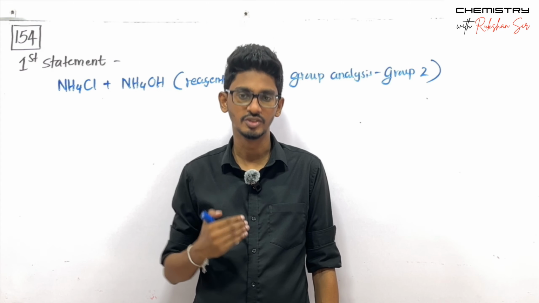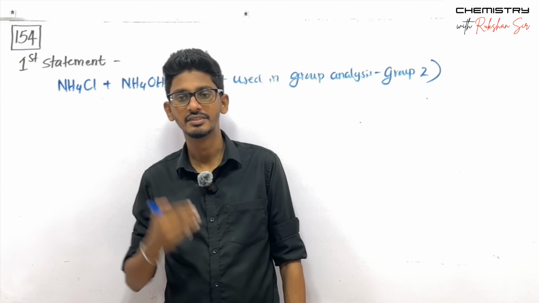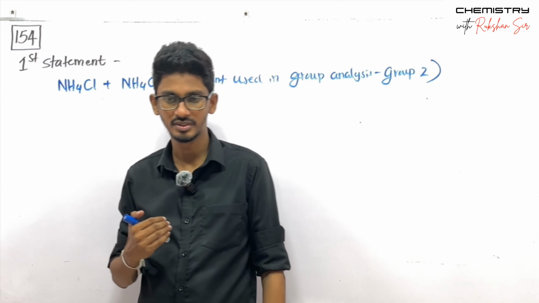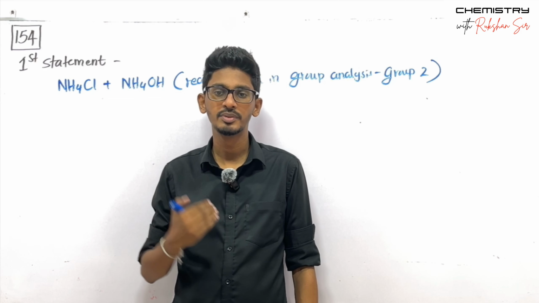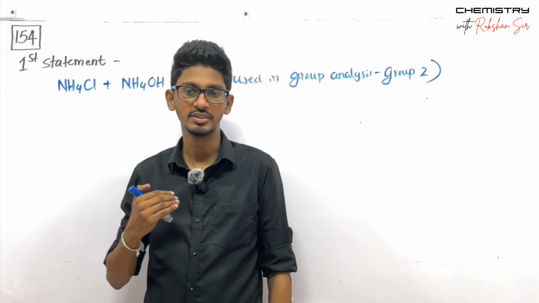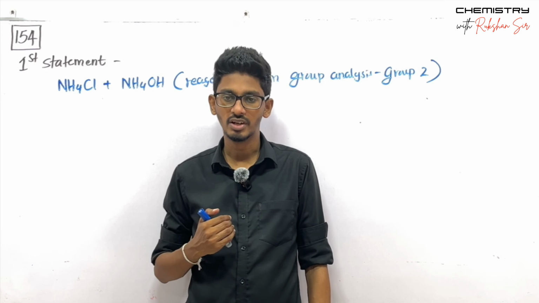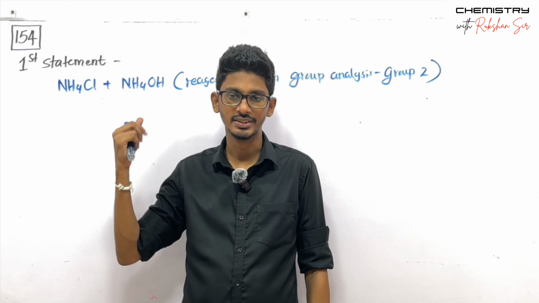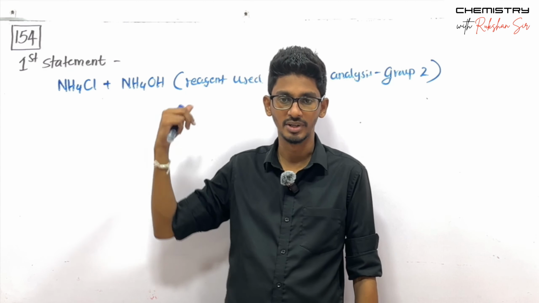We have only three of those, right? The 3+ hydroxides: Fe3+, Al3+, chromium 3+. Those 3+ hydroxides can get precipitated as they have a low KSP value, with the very low amount of OH minus provided by this reagent.